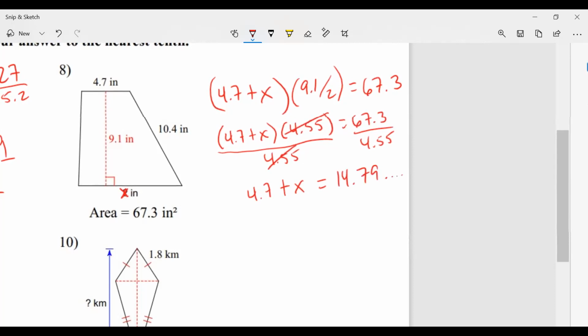My calculator says 14.79120879, and I left that on my calculator because I'm just going to subtract 4.7 from that. So whatever I have, I'm going to keep it on my calculator. I'm just going to go minus 4.7. And it tells me 10.09.